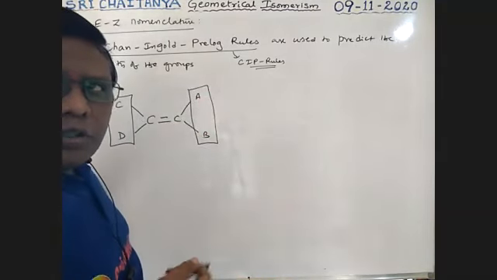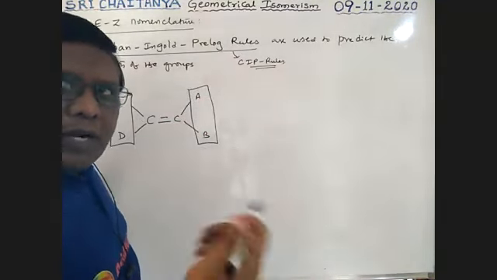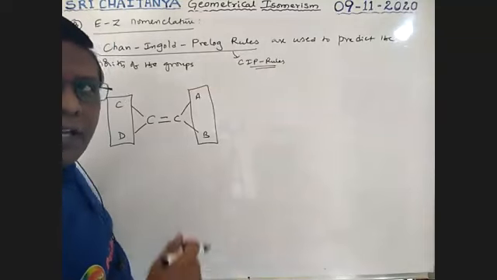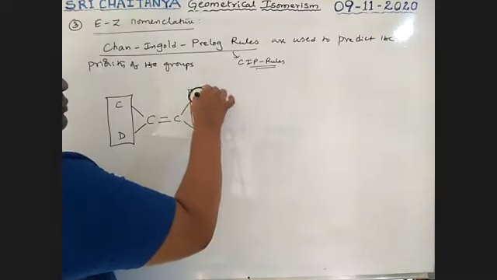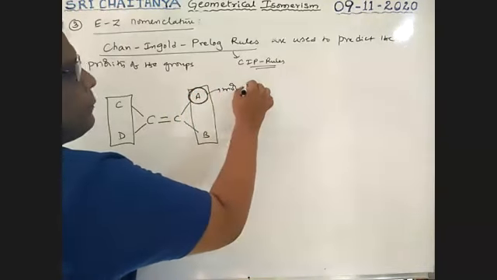Both are not the same, no doubt at all. One is more prior, another one is less prior. So priority is decided. For example, A is the most prior group.